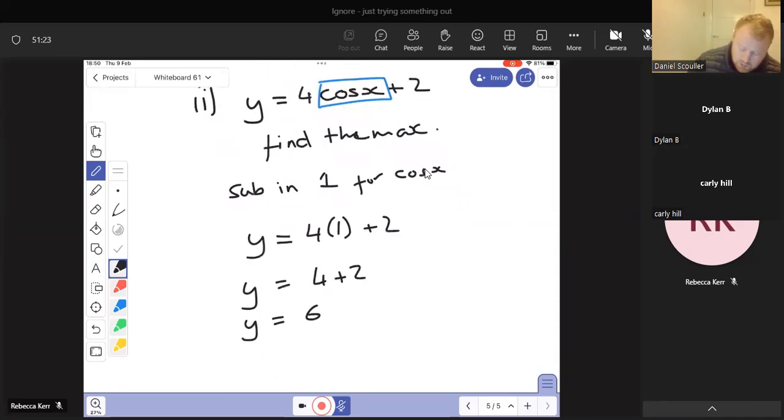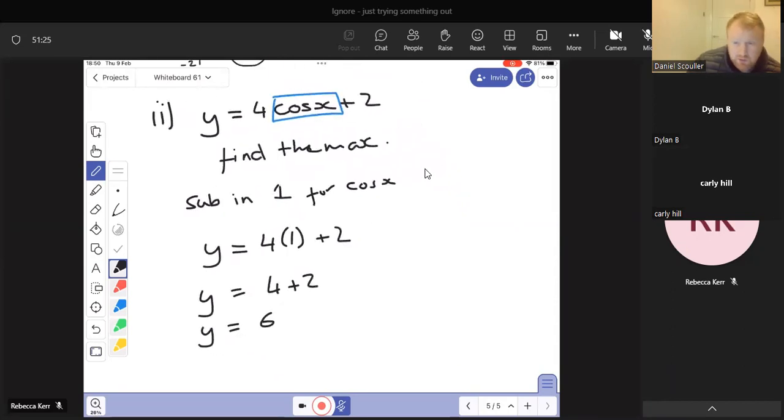So that would be a maximum. You would have to state that in the question. So you would say cos x is at a maximum at 1. So just the cos x, we can lift out that cos x and just put in the number 1 in its place.